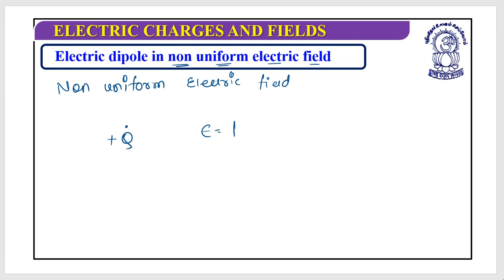Its formula is E equals kq by r square, where r is the distance. If I put r equals 1, E equals kq. If I put r equals 2, it is kq by 4. If r equals 3, it is kq by 9. If r equals 4, it is kq by 16.